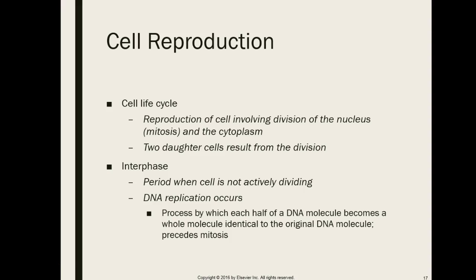So we'll start with interphase. This is going to be the period when the cell is not actively dividing. This is an initial growing stage of new cells that contains a little period when the cell is preparing for cell division.